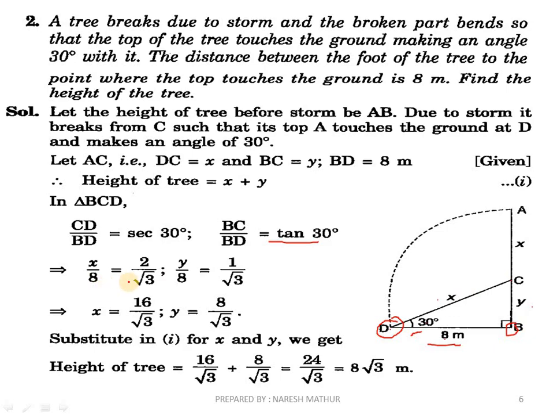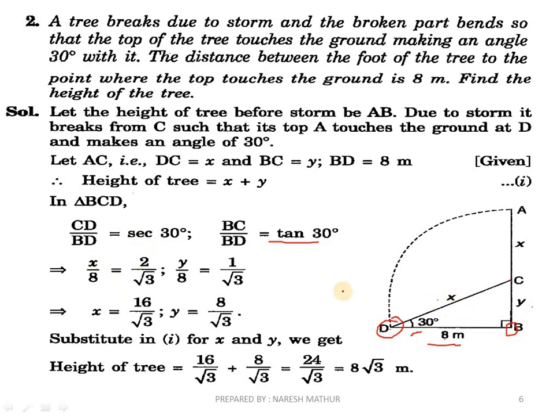Cos or sec can be taken. Now in triangle BCD, if we are taking sec 30, the ratio of sec theta is hypotenuse upon base.